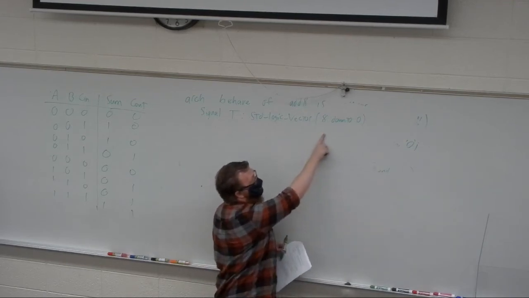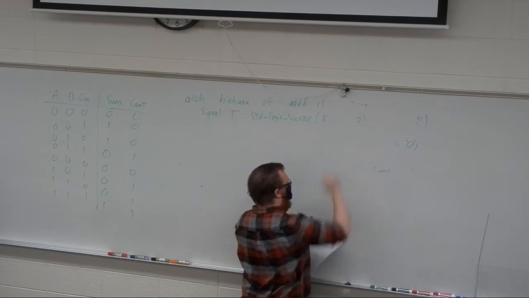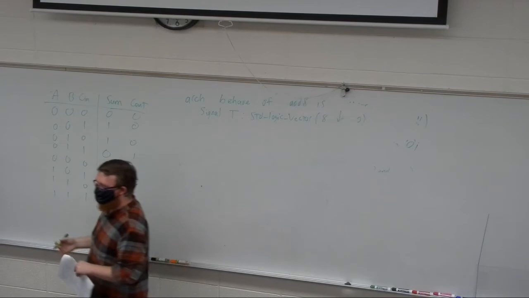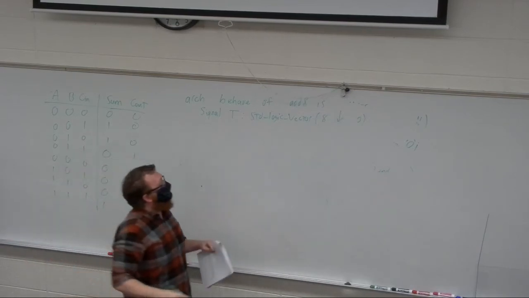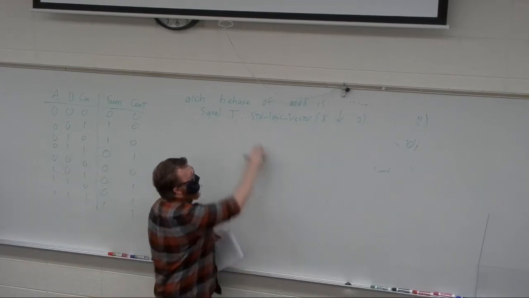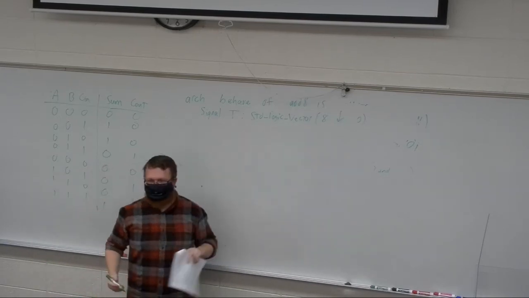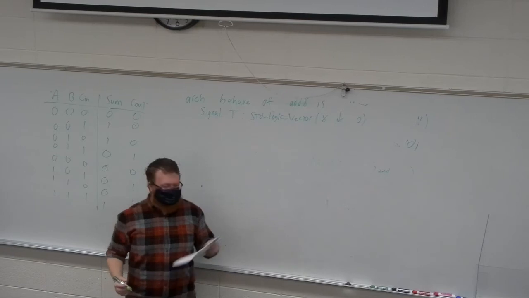For down to, I have started writing a down arrow, so we're all on the same page. It saves us some time. Okay, so it's a standard logic vector 8 down to 0. It's 9 bits. We're going to add 8. I need 9. That's my output, right?